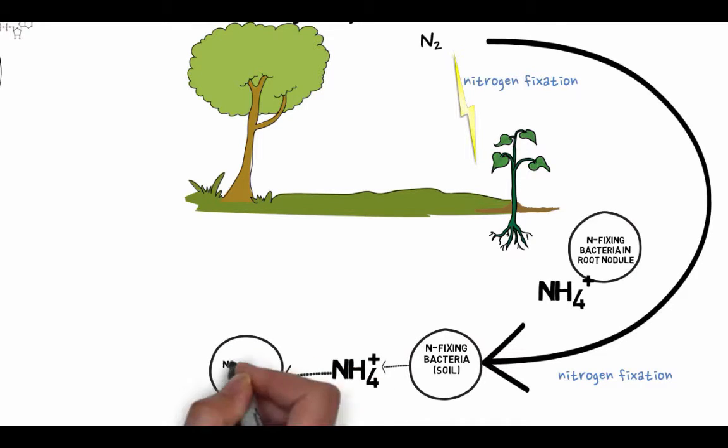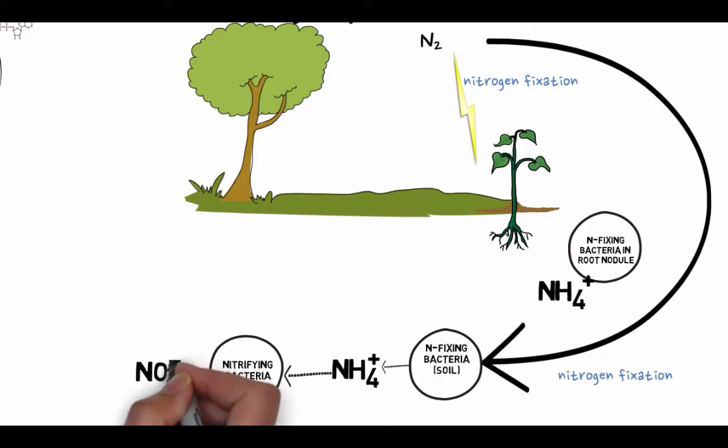Other soil bacteria, called nitrifying bacteria, convert ammonium into nitrites and then nitrates in a process called nitrification.